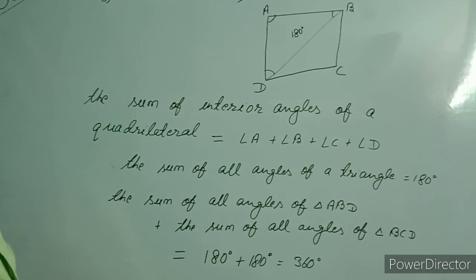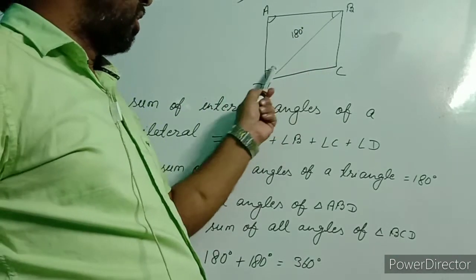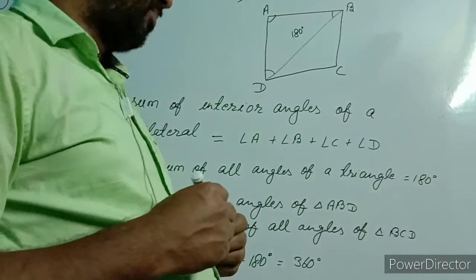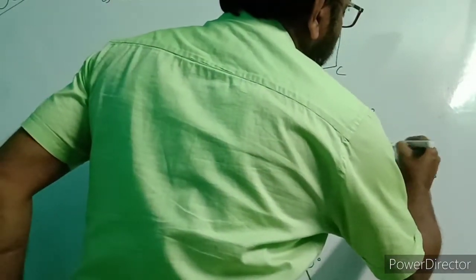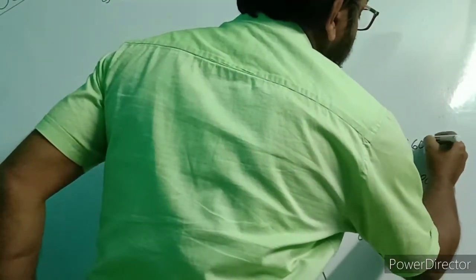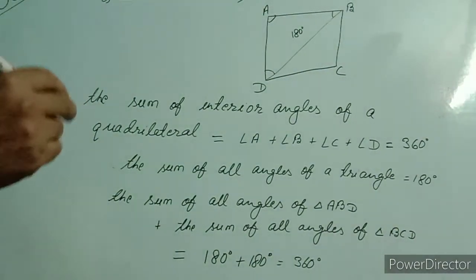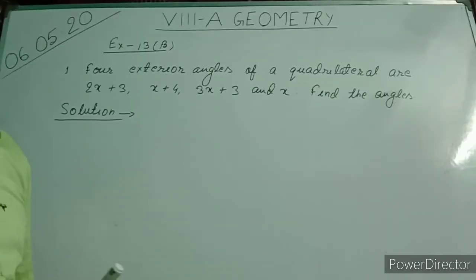In this way, we can say the sum of all interior angles of a quadrilateral, that is angle A plus angle B plus angle C plus angle D, will also be equal to 360 degree. Let us start the exercise. Let us start exercise 13B, question number 1.